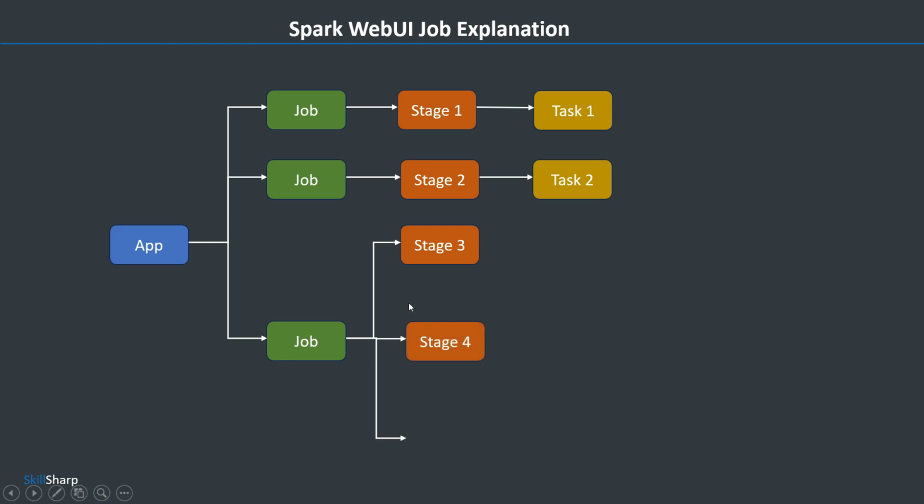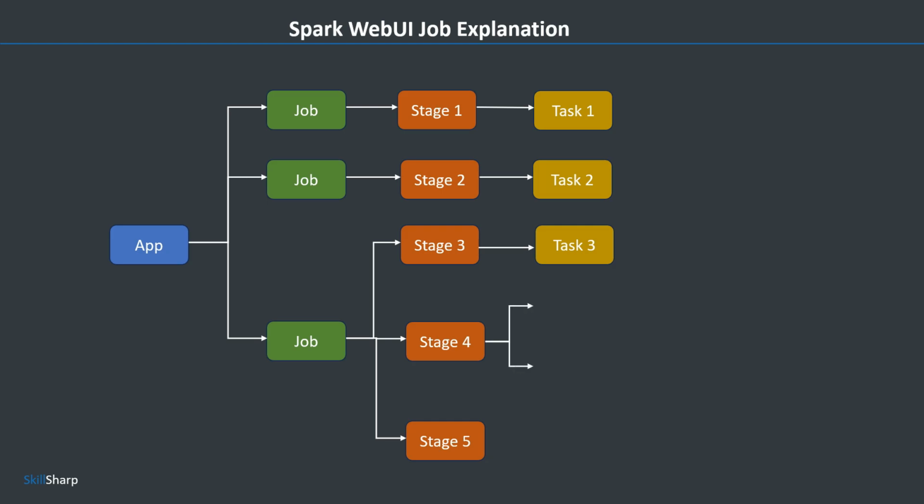One stage is related to repartitioning the data, and the other two stages are created based on the wide transformations that we used in our application code. The first stage creates one task that will read the data from the previous data frame, and it will repartition the data into two partitions.